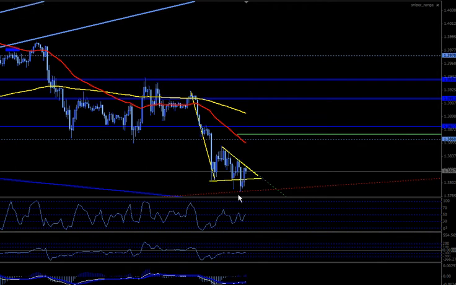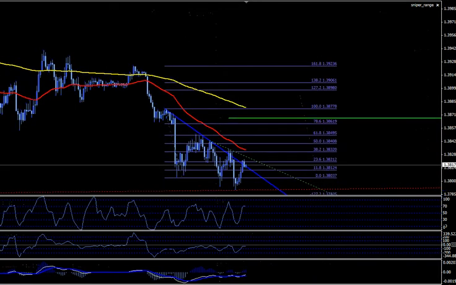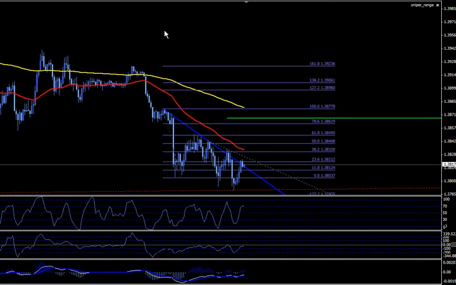Although we did break out of it and came back in it. But if you notice that opening up this 15-minute chart, the 15-minute chart's in a downtrend from left to right. Okay? From all the way over in the left, which you can't see on your screen probably, but all the way down, we're in a downtrend on this 15-minute chart.